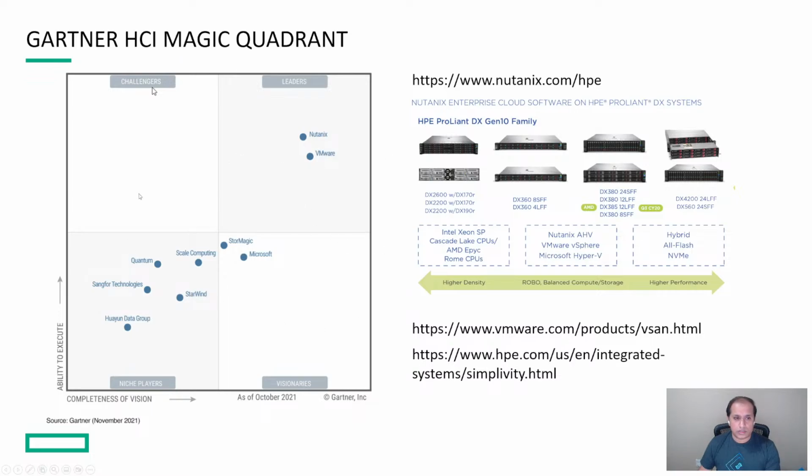If you want to check out any of these HCI solutions for your business, please contact me for more details. I can definitely help you with how these things work together, and we can come up with a better solution, because HP works with Nutanix, VMware, and we have our own HCI solution called SimpliVity.